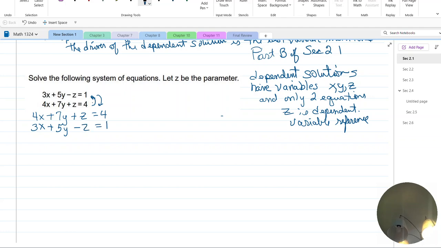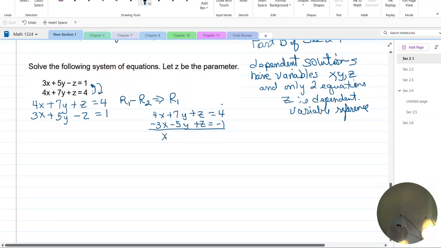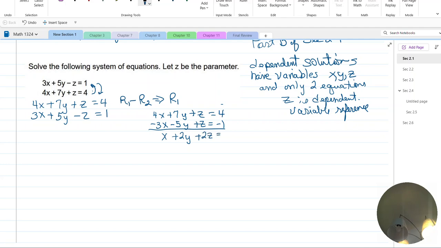So what I'm going to do is take row 1 and subtract row 2 to get the new row 1. So I'm going to have 4x plus 7y plus z equals 4, and then I put a negative through the next one: negative 3x, negative 5y plus z equals negative 1. When I do this math, I'm going to get x plus 2y plus 2z equals 3.